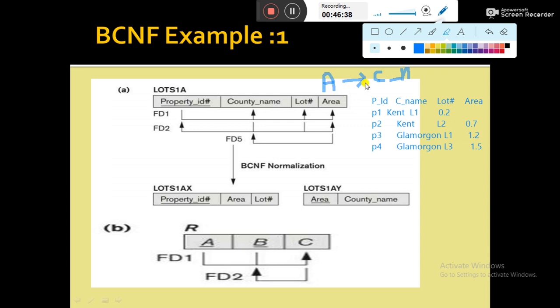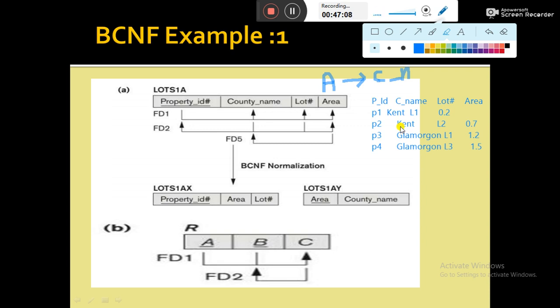What does it mean? Let's take this snapshot of the data set. Suppose property ID P1, county name Kent, lot number L1, area is 0.2. Property ID P2, county name Kent, lot number L2, area is 0.7. So the area is 0.2 where county name is Kent, and area is 0.7 where county name is Kent.